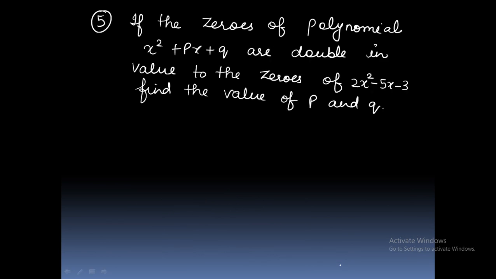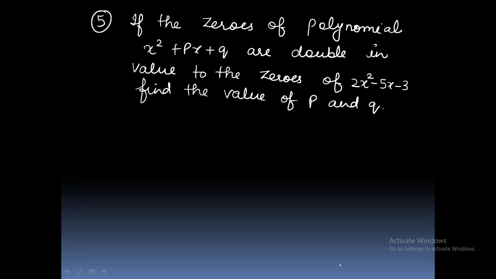Now next question is: if the zeros of the polynomial x square plus px plus q are double the zeros of 2x raised to power 2 minus 5x minus 3, find the values of p and q.